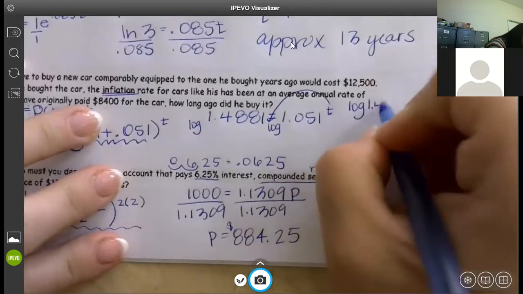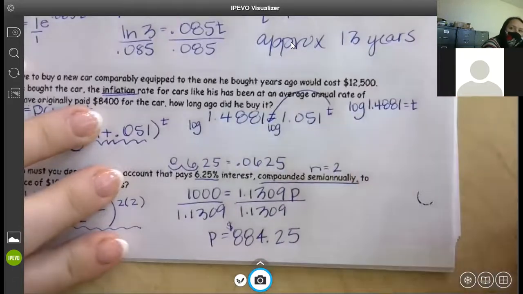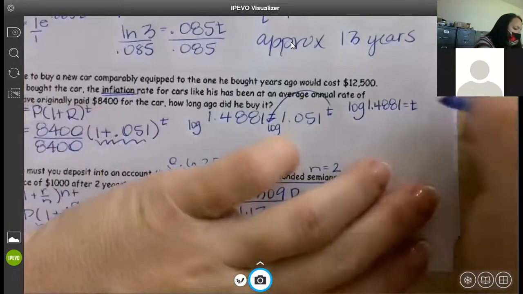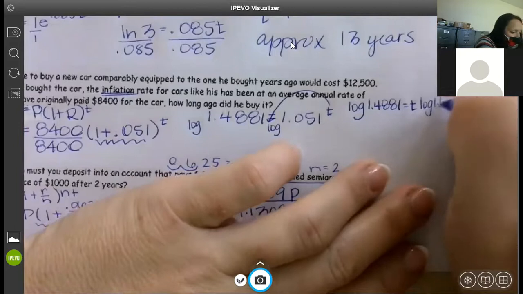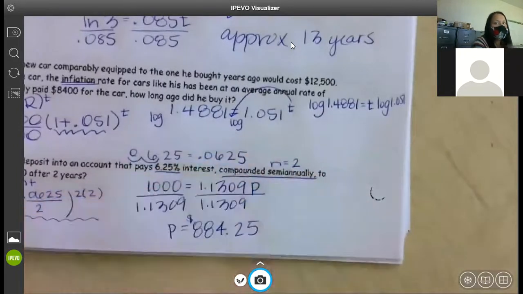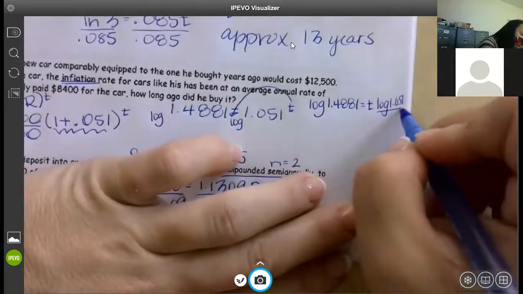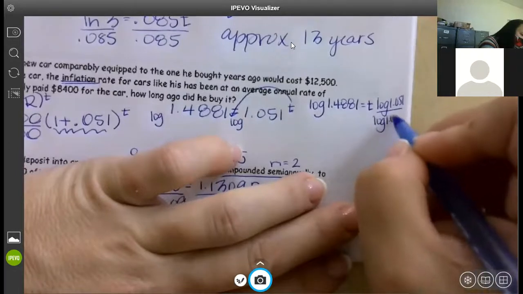Log of 1.4881 equals T, and I'm sorry, I'm squishing it up, log 1.051. To get T by itself, we're going to divide by this log 1.051.